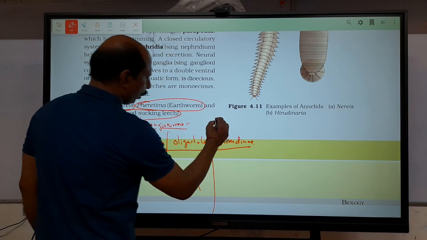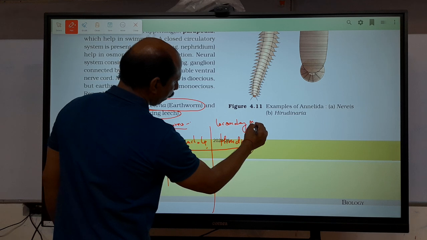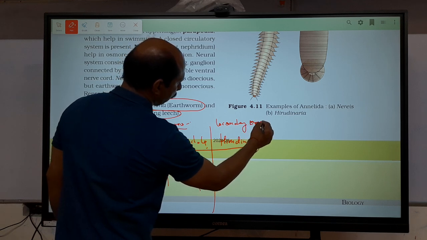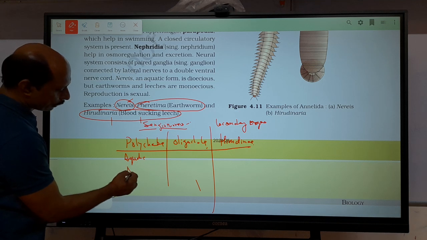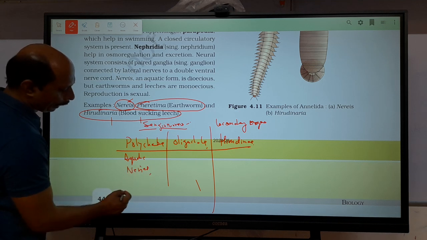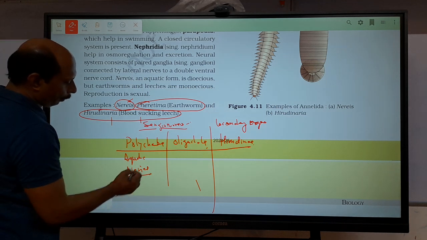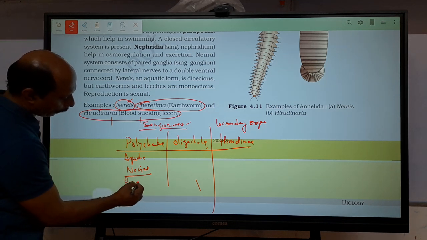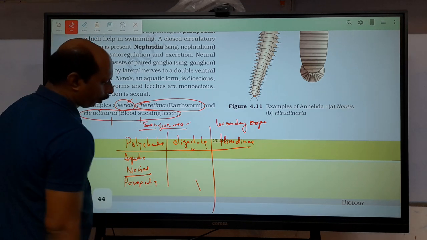Here the base is mostly locomotory organs. Polychaeta, they are aquatic, example is Nereis, and the second one is Metanereis. So Nereis, what is the locomotory organ? Parapodia.